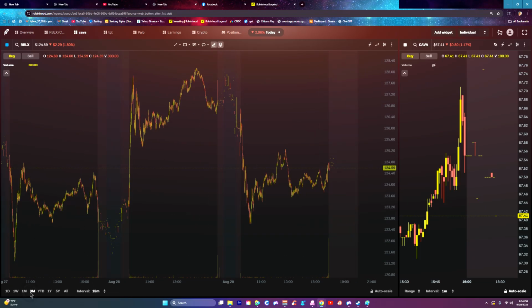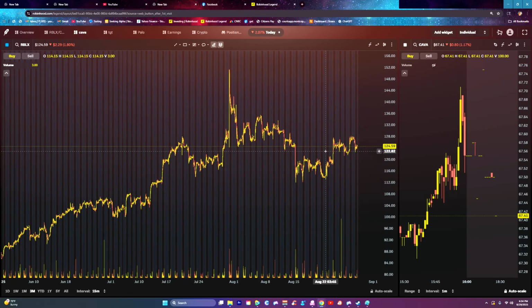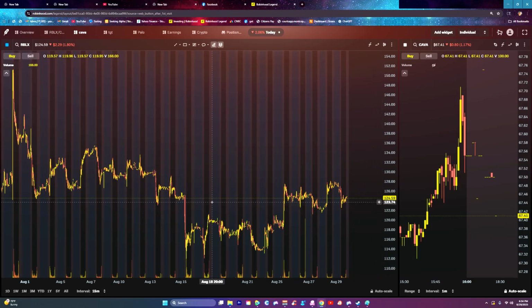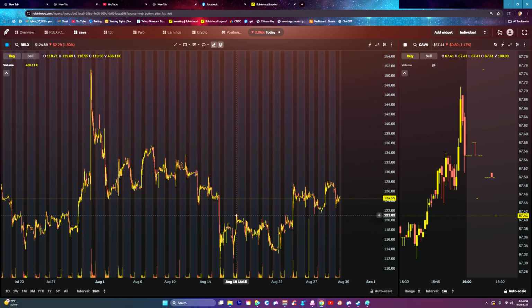Now, if I zoom out to 3 months, and I get the broader context for this, I could see that this stock moves very aggressively. It makes big dips and sells, and the movements are quite large. And even when you look at it, it's somewhat predictable and orderly.